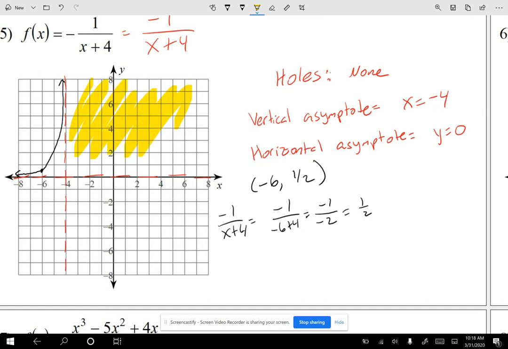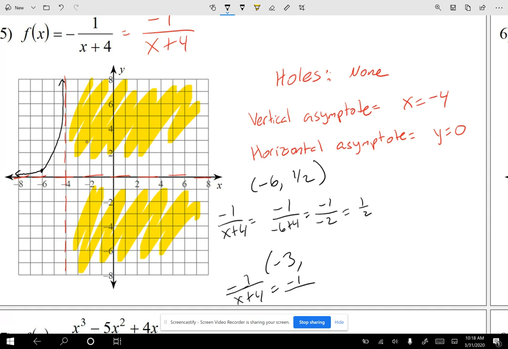Now, to the right of my asymptote, it's either in this section or this section. I'm going to choose a value of x to the right of my asymptote. So in this case, let me choose -3. I have my equation -1 over x plus 4.